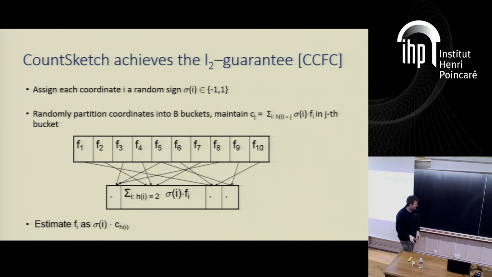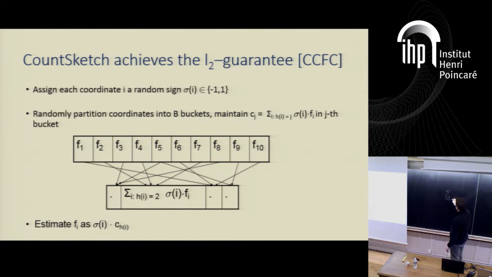What is happening inside of a bucket? I have the sum over j such that h of j equals h of i, of sigma i times sigma j times f sub j. This is what's inside of the bucket that i goes to, and my estimator is sigma i times the count.